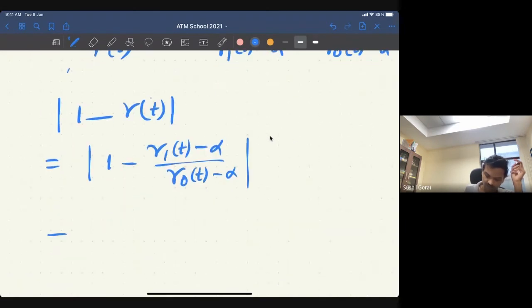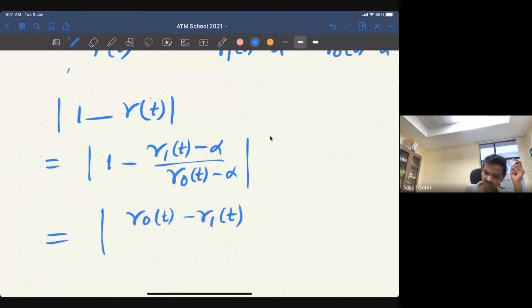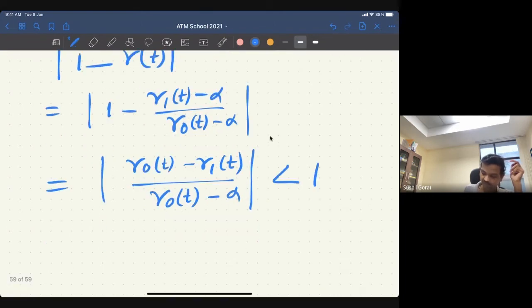So this is nothing but gamma naught t minus gamma 1 t by gamma naught t minus alpha, and this is strictly less than 1 by assumption.